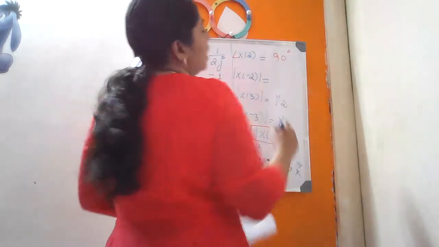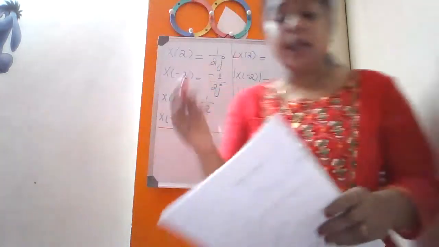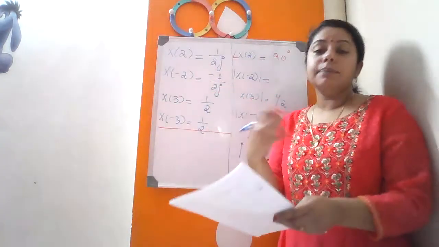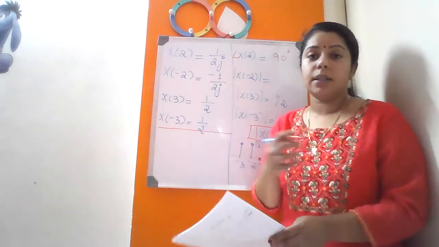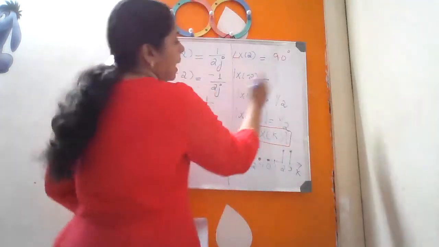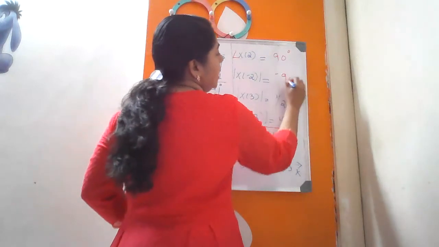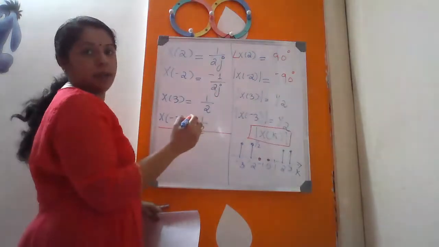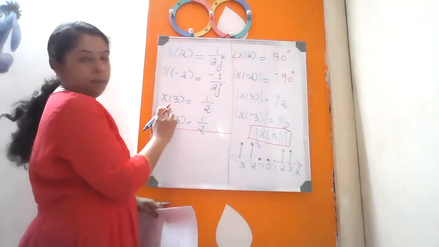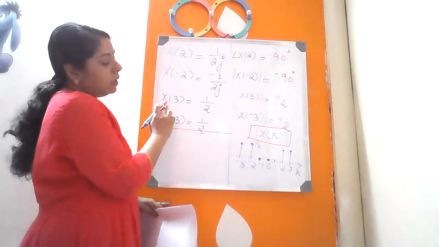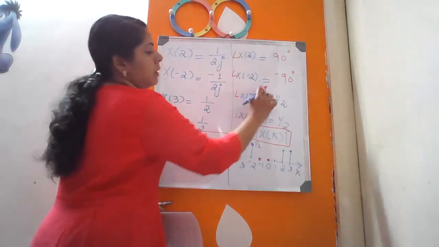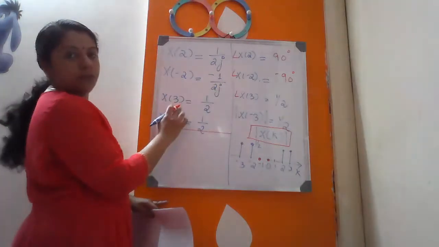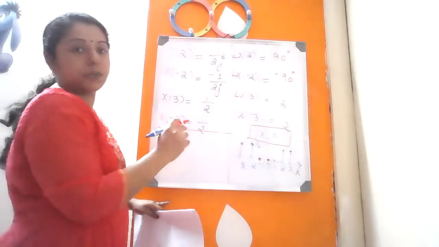But you know that tan of minus theta is minus tan theta. So based on that, this will be minus 90 degrees. Now come to this part, the angle of x of 3 will be tan inverse.